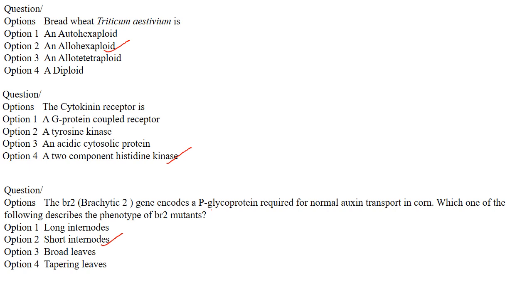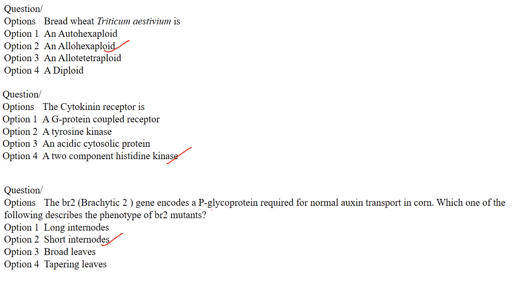Which one of the following describes the phenotype of BR2 mutants? BR2 mutant plants are characterized by shortening of lower stalk internodes, unusual stalk strength and tolerance to wind lodging, and darker leaves persisting longer in the active green state in comparison to wild type plants. So they have short internodes. So out of the options here, short internodes is correct.